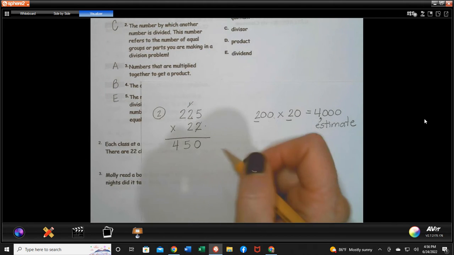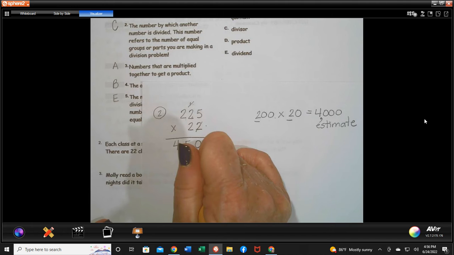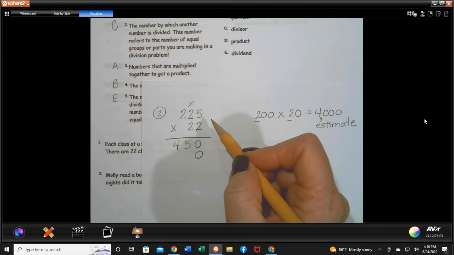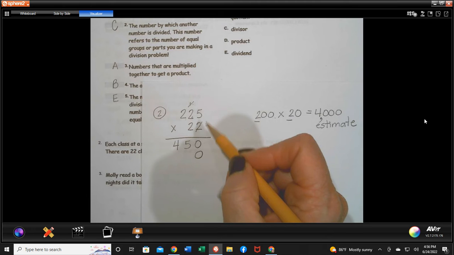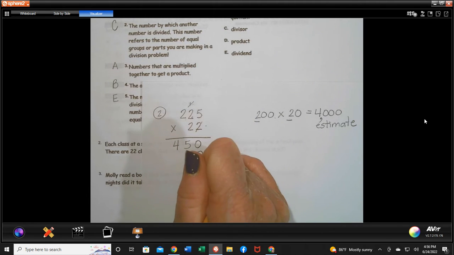Now, when we go over to multiply by the 2 here, we're multiplying by 20. That's a 2 in the tens place. So we're going to put our place value holder 0 here. That will allow us to multiply the top digits by 2. So 2 times 5 is 10.